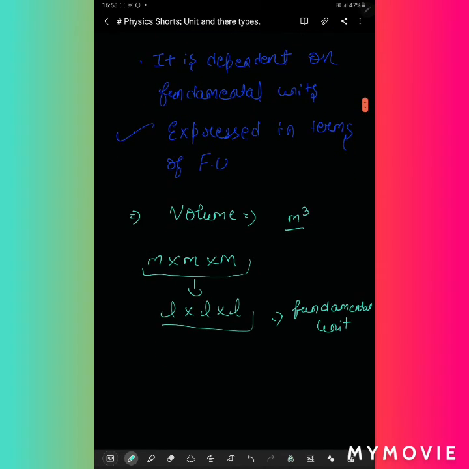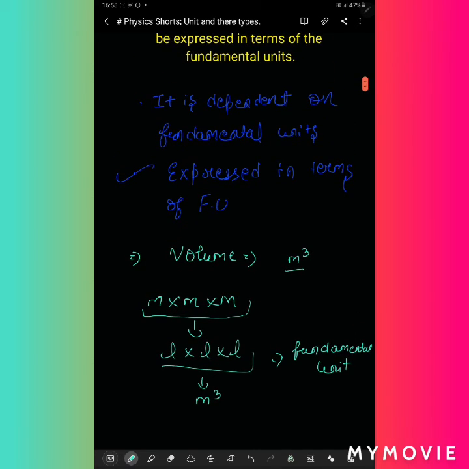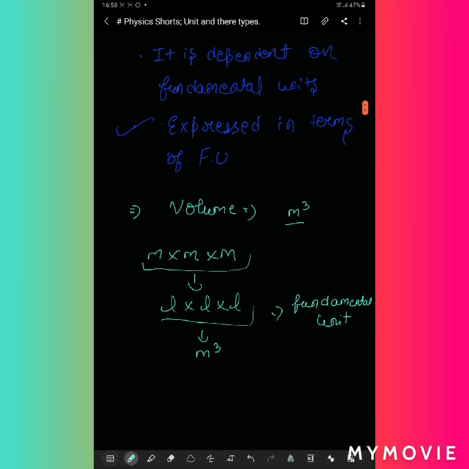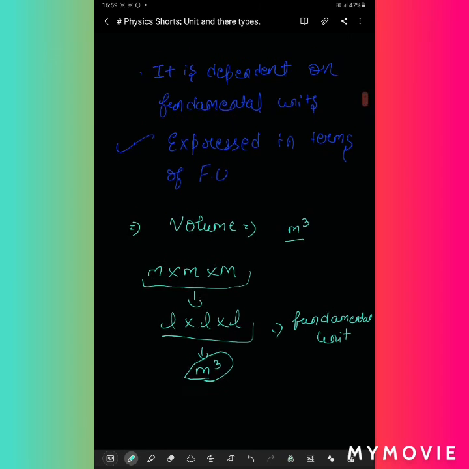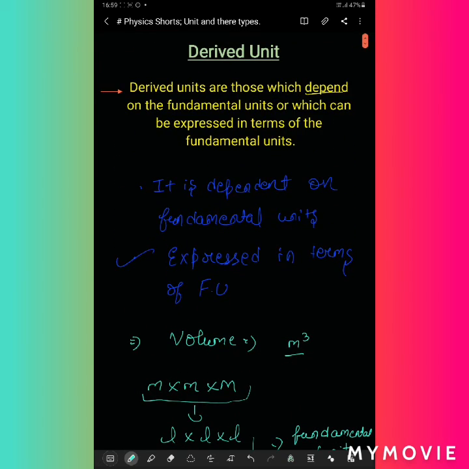Because the SI unit of length is meter, when we do it three times, we get meter cube, which is the unit of volume. So it is a derived unit, and it is expressed in terms of fundamental units only. Through this example we can understand what a derived unit is. Now let's see some examples of derived units.